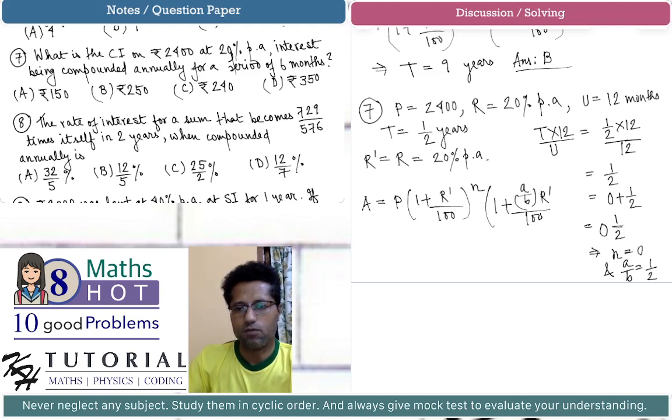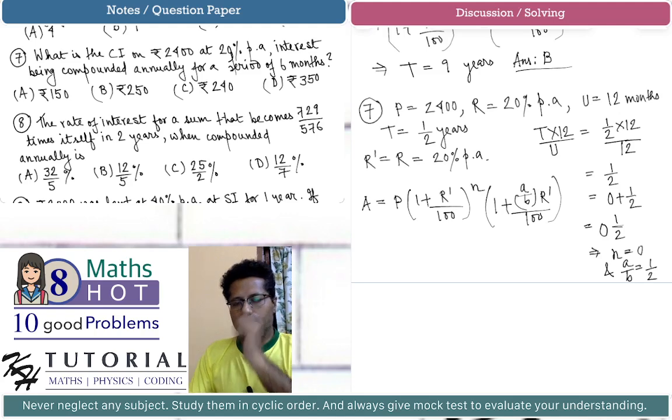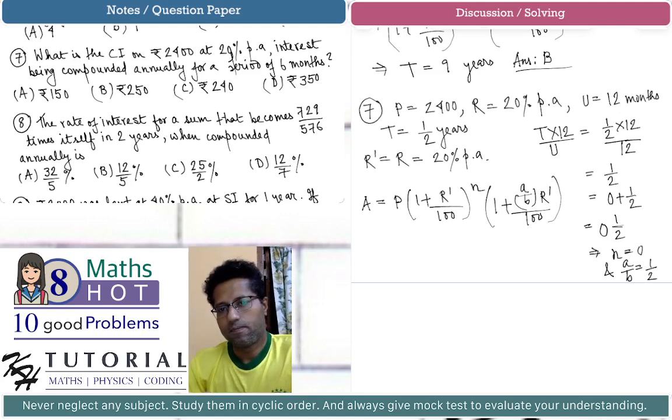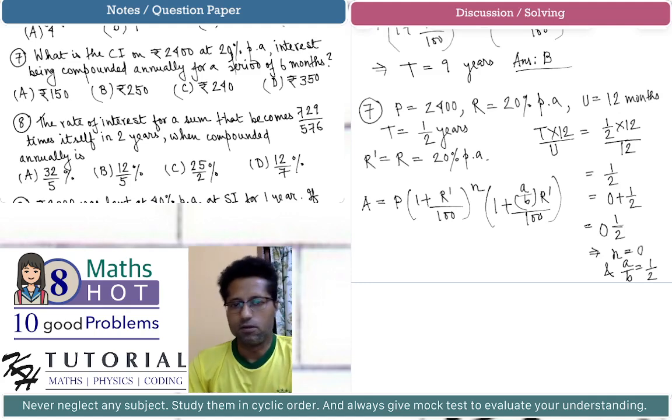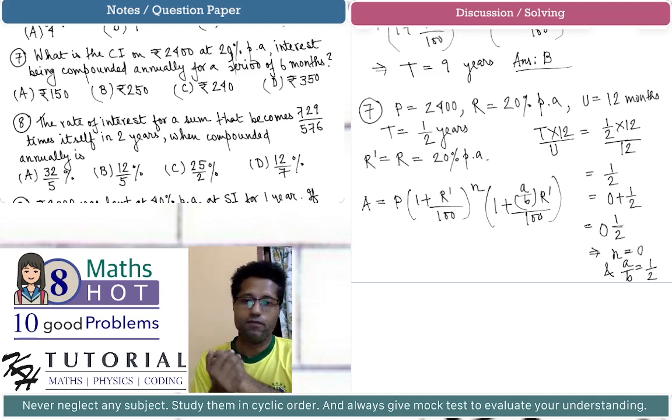This is the general formula for the amount on the principal P, the interest being compounded, where the unit of time is u, for a period of time t, where t multiplied by 12 divided by u is equal to n and a by b.